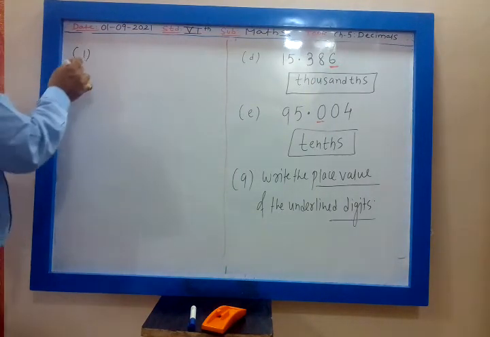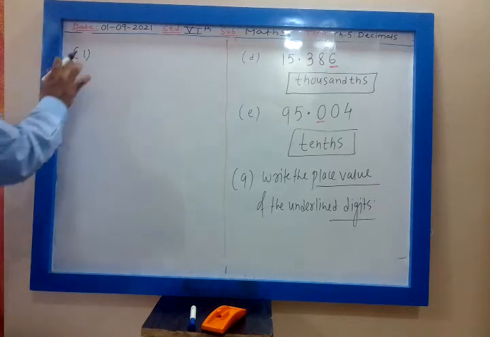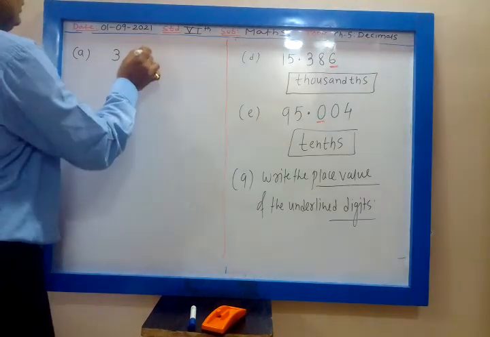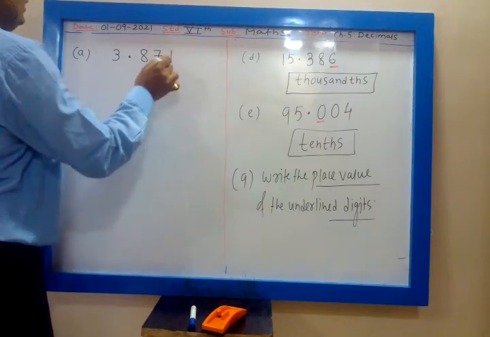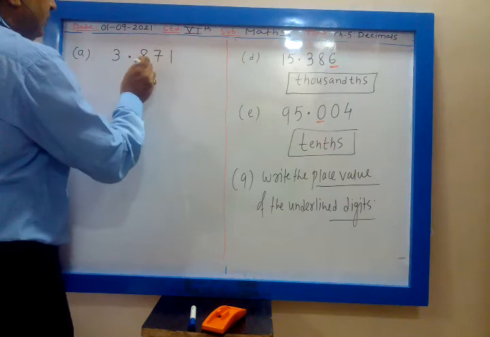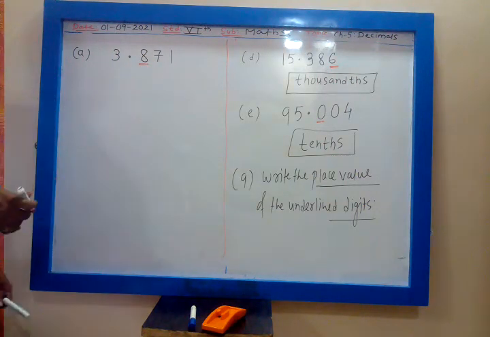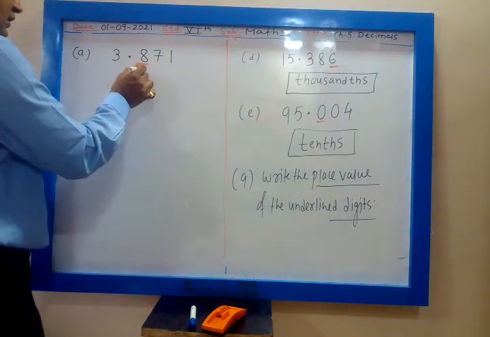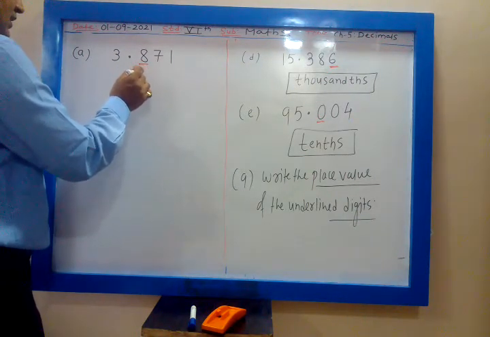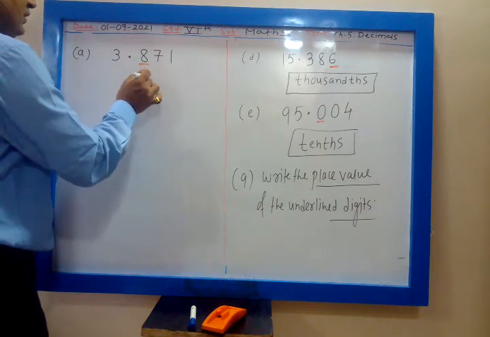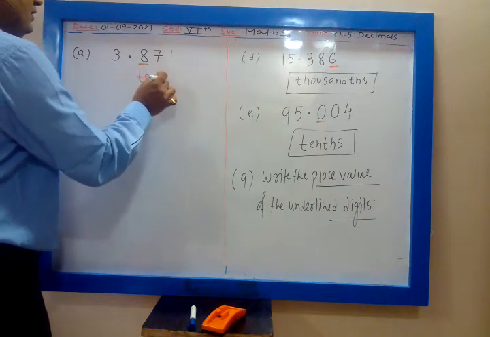Yes, chalo, theek hai. First, 3.871, and the underlined digit is 8. What is the place value of 8? This is nothing but tenths.